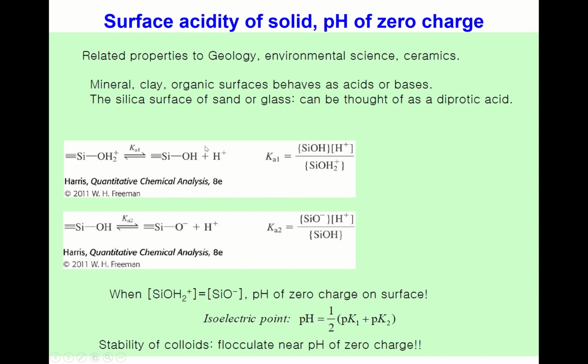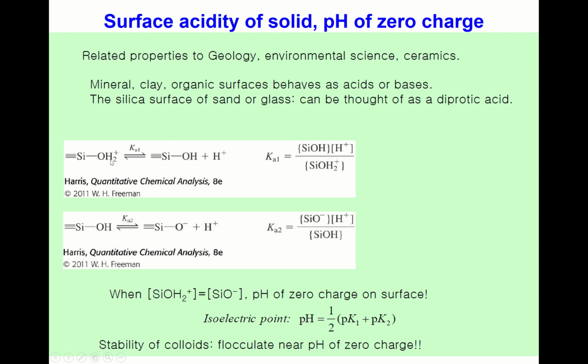Silica is the main ingredient of sand or glass. The glass made out of pure silica, pure SiO2, is called fused silica, or if the structure has a crystal, that is called quartz. Here, the surface of a silica has this structure, Si and OH2 plus.